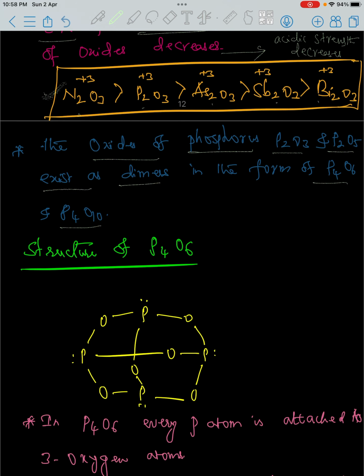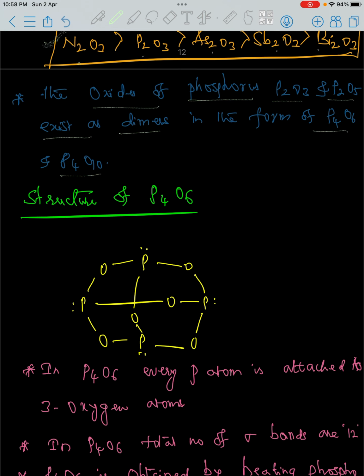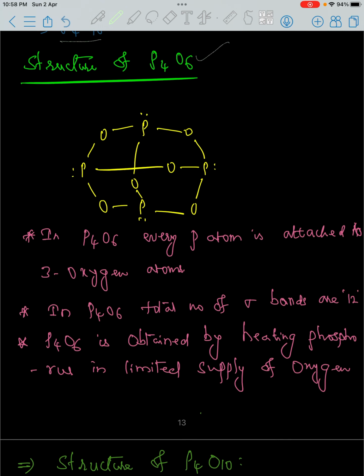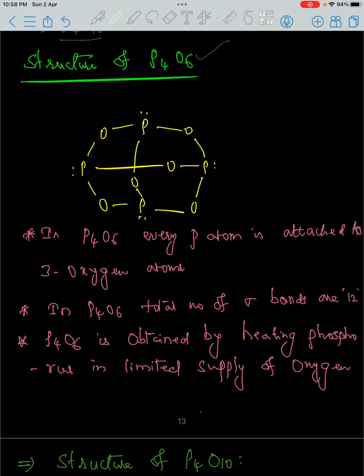The oxides of phosphorus, that is P2O3 and P2O5, exist as dimers in the form of P4O6 and P4O10. Let us see the first dimer of phosphorus oxide, that is P2O3. Its dimeric form is P4O6. The shape of that molecule is this. You can also write this structure as phosphorus, phosphorus, phosphorus, phosphorus.